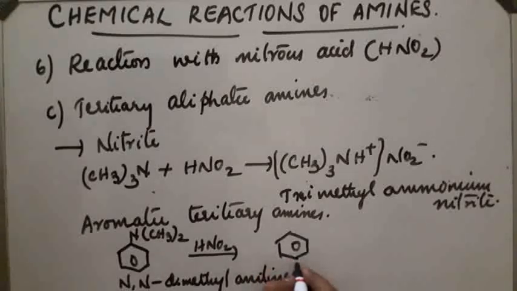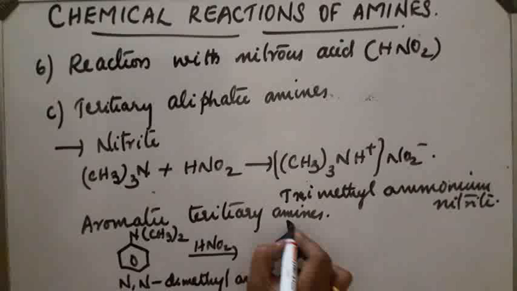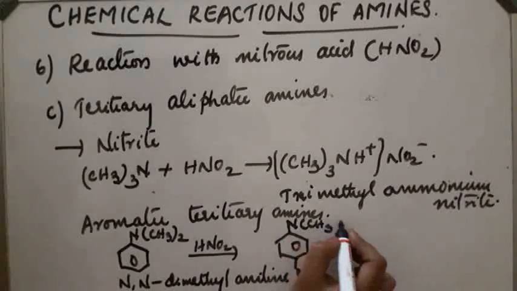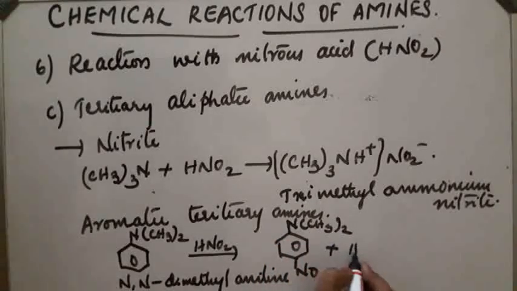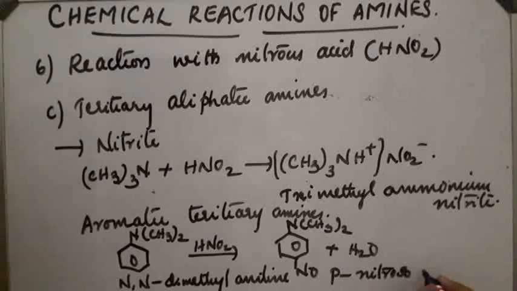Here, the NO group is in the ring. The electrophilic substitution takes place in the ring, giving the product plus H2O. That is para-nitroso N,N-dimethylaniline.